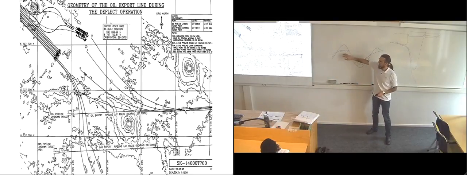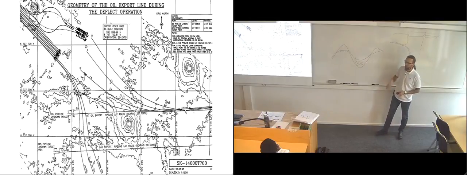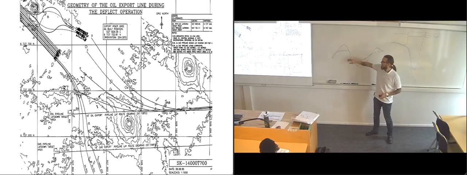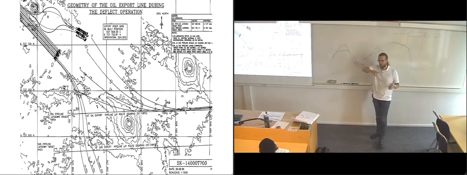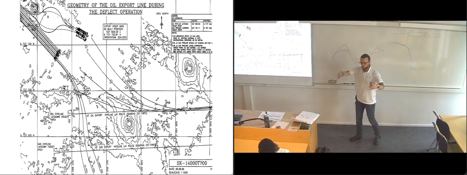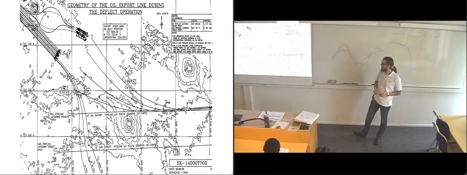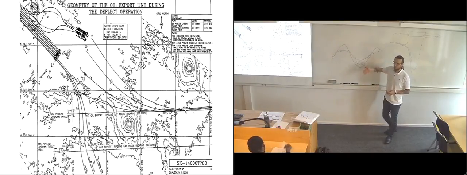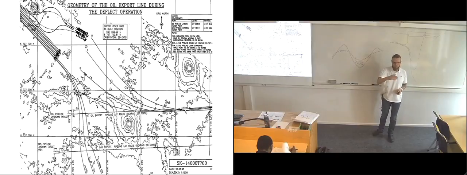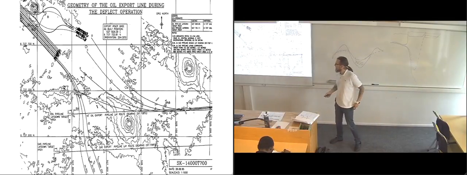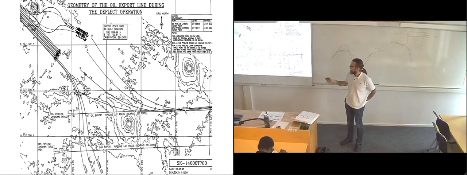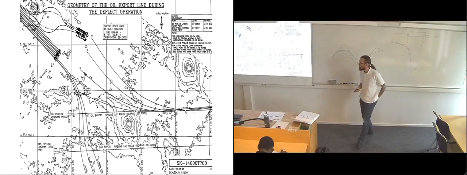And that's also what you need when you are putting the pipelines down on the seafloor: you need to know basically what is the smallest radius that I can have on my curve, which is basically the sharpest curve that I can have. And then you have to choose your route to avoid anything that's even sharper than that. So it's quite amazing actually how they can manipulate the steel in this way.